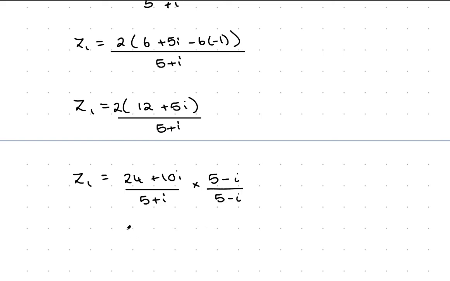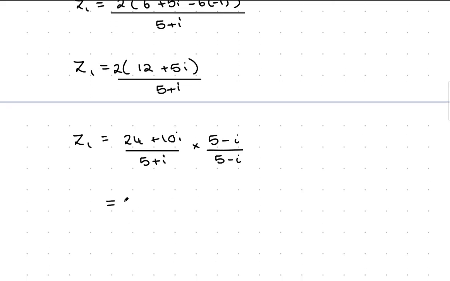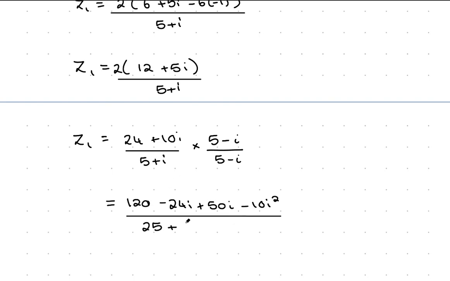And if I do that, what I'm going to get out is 24 multiplied by 5. So 24 by 5 is 120. So I have 120 minus 24i plus 50i minus 10i squared all over, that's going to be 25 plus 5i minus 5i minus i squared.